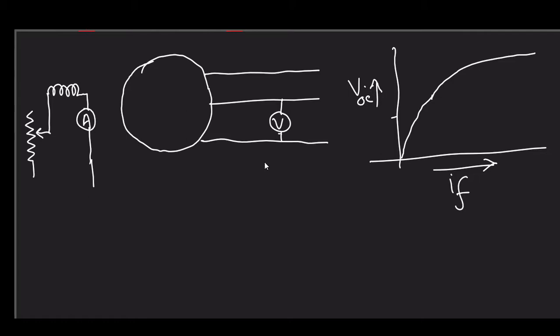This VOC is directly proportional to your flux density B, and flux maintains a nonlinear relationship with H, which is directly proportional to the field current IF. That is why we get this kind of relationship.